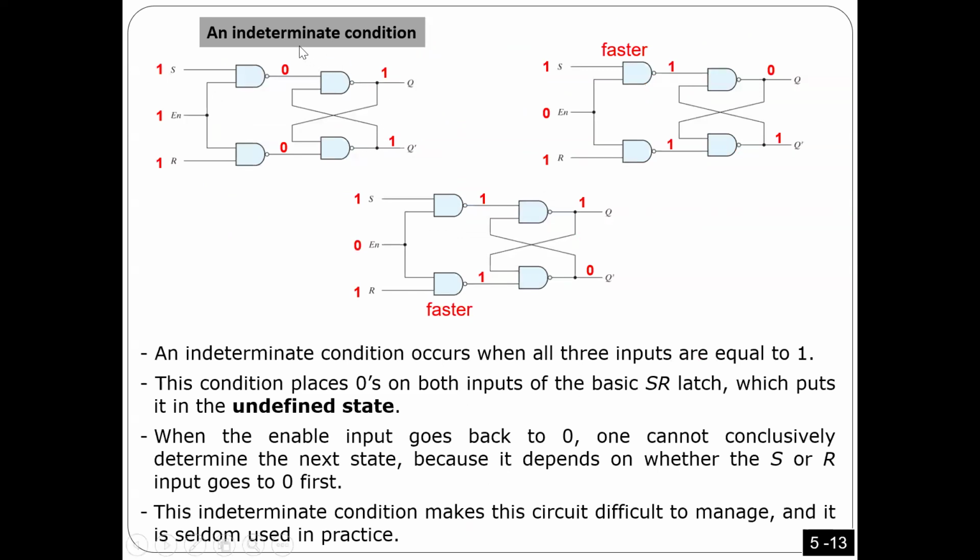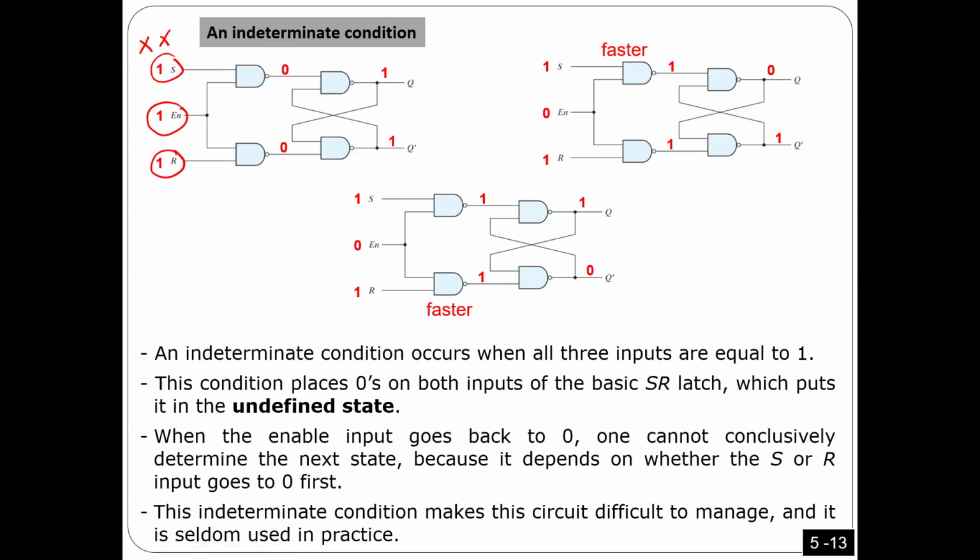There is something I'm gonna tell you about. It's called the indeterminate condition. So what happens here? I will tell you. For example, here, guys, if the enable is 1, so it is enabled, and S is 1 and R is 1, which is the forbidden case, the case you should not use.